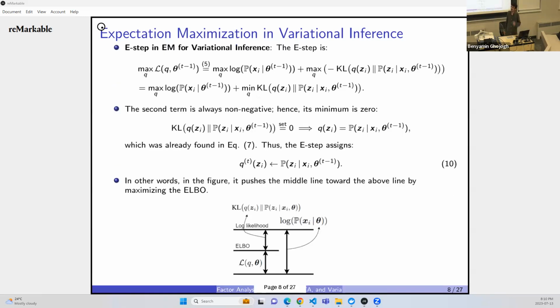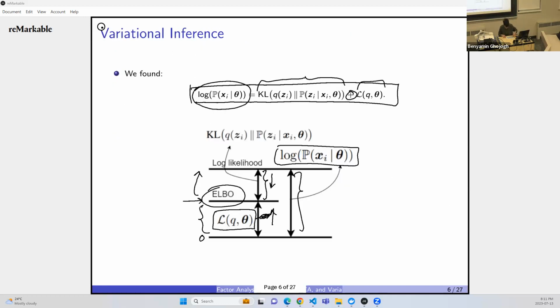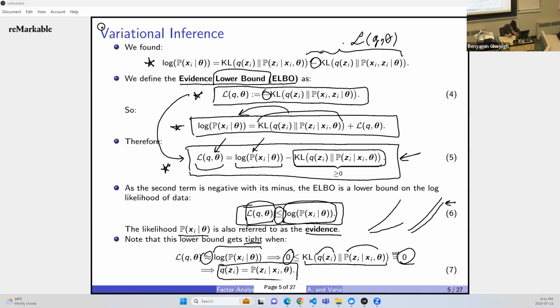Now let's go deep into the E step and M step. In the E step, what do we have? Maximize the ELBO with respect to Q. According to equation 5, what was equation 5? This was equation 5: L of Q and theta is the logarithm of P of x_i given theta, minus KL.